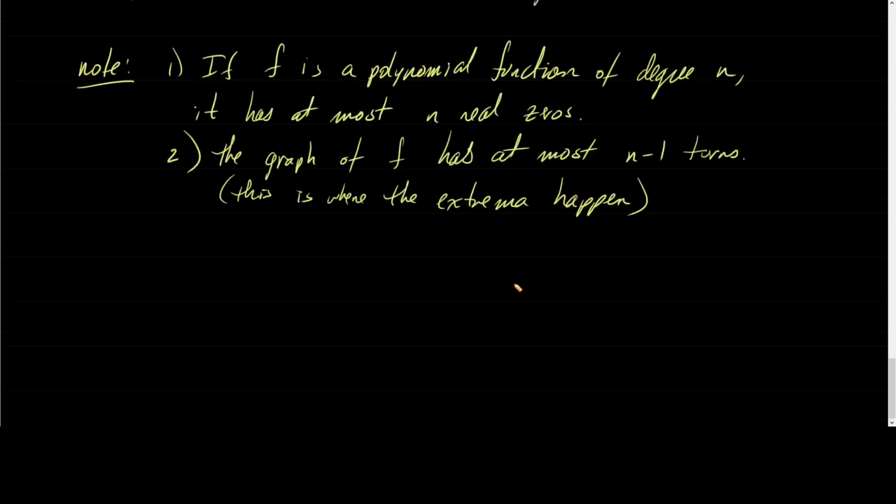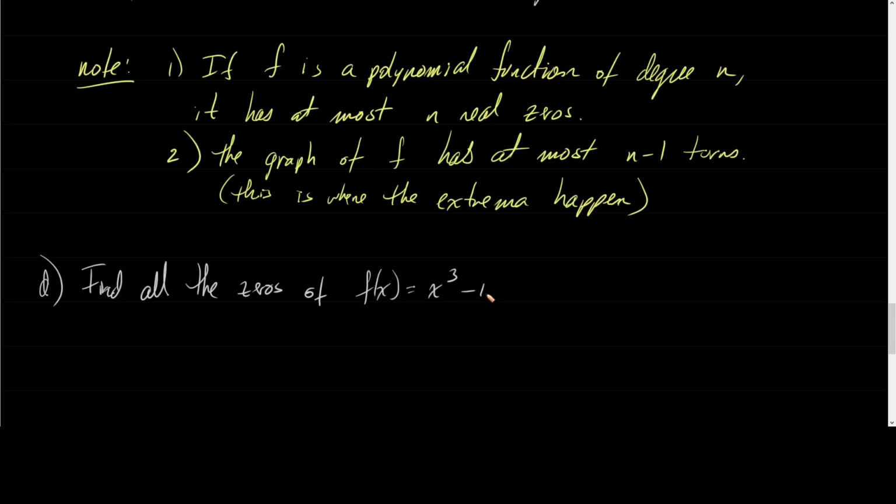So now let's do a quick example here. Find all the zeros of f of x is equal to x cubed minus 12x squared plus 32x.